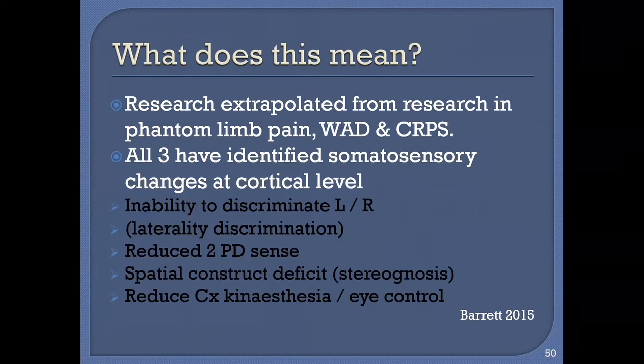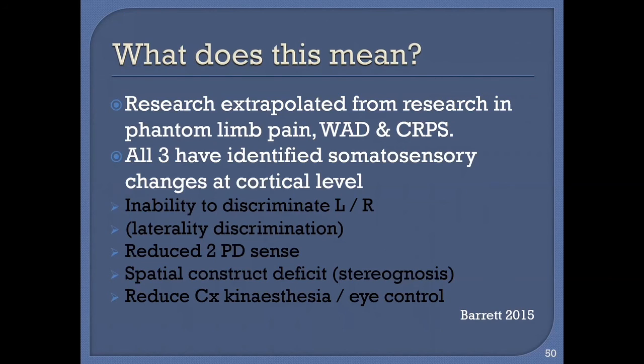For example, an inability to discriminate between their left and right hand. There's a laterality app where you can get them to do a game and see whether they can distinguish. They might have a reduced two-point discrimination sense, which can be fairly easily tested in clinic with the ends of paper clips.